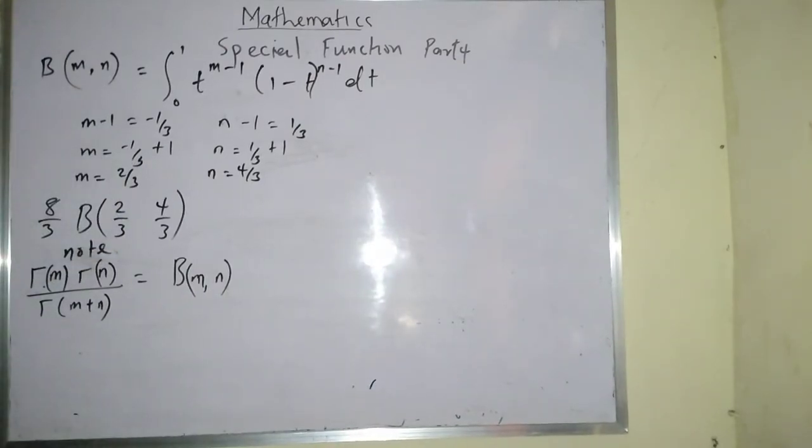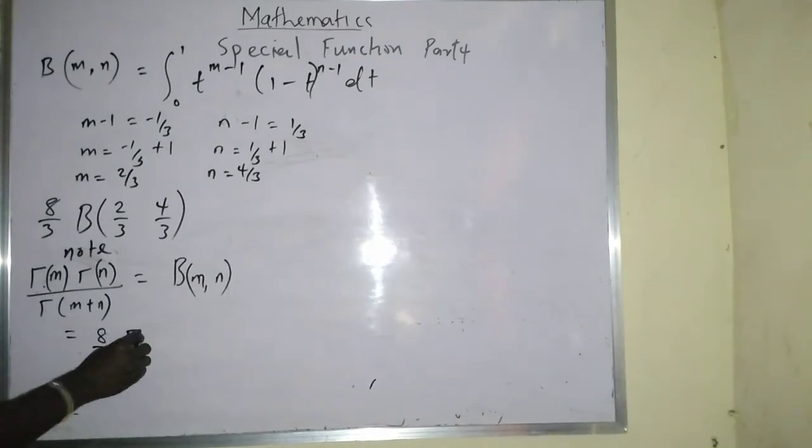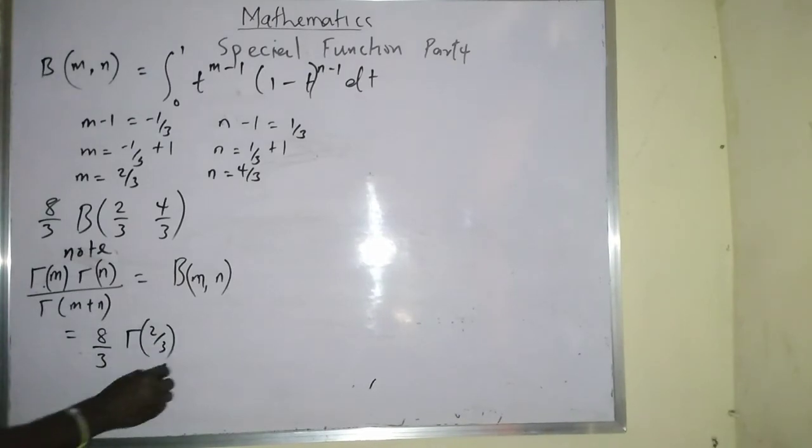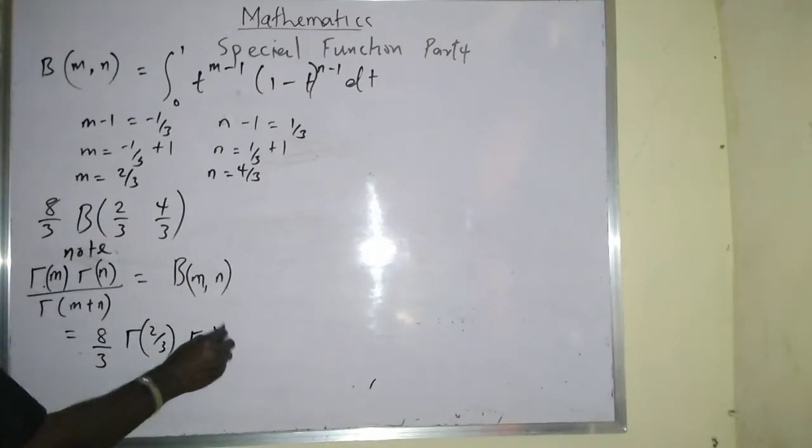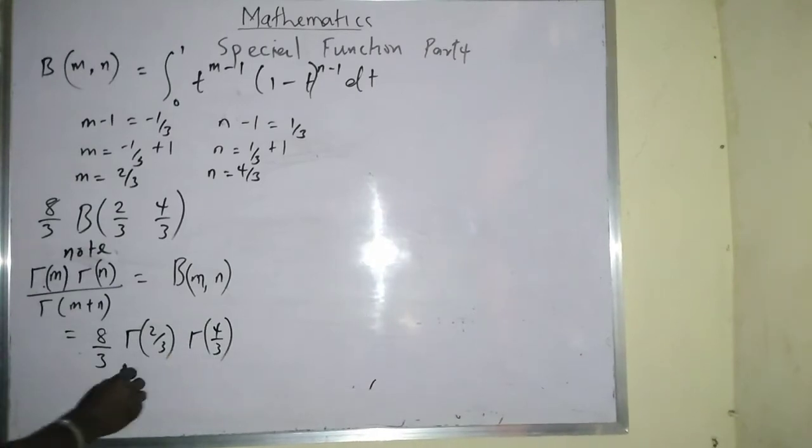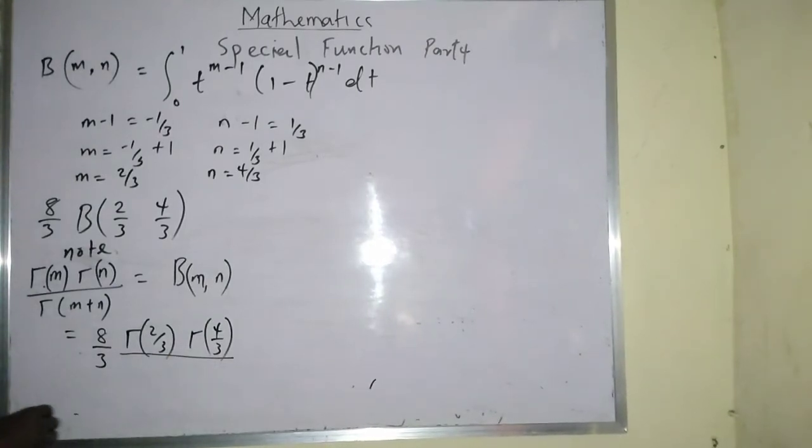I can now say this will be equal to 8 all over 3, gamma of 2 all over 3 times gamma of 4 all over 3, divided by gamma of, I find the LCM, m plus n, this plus this is going to be 2.